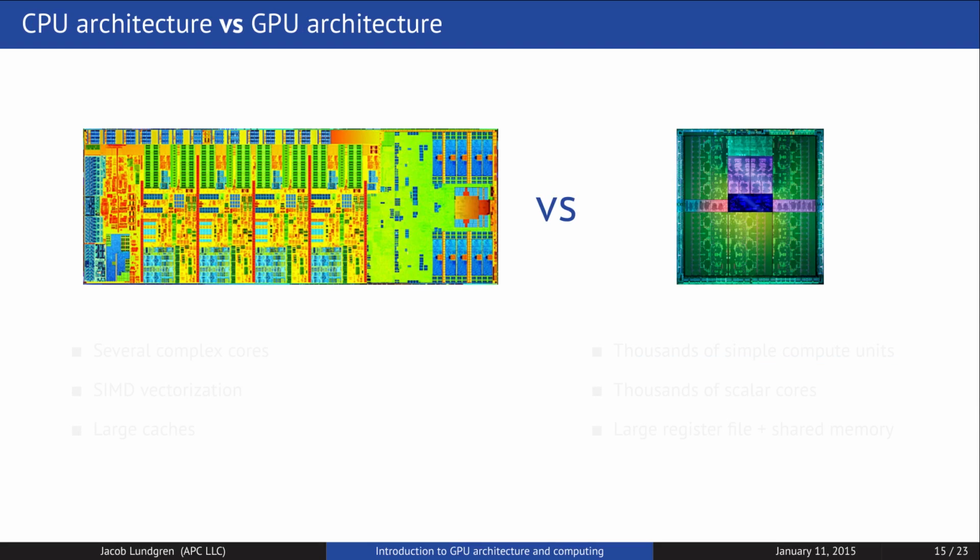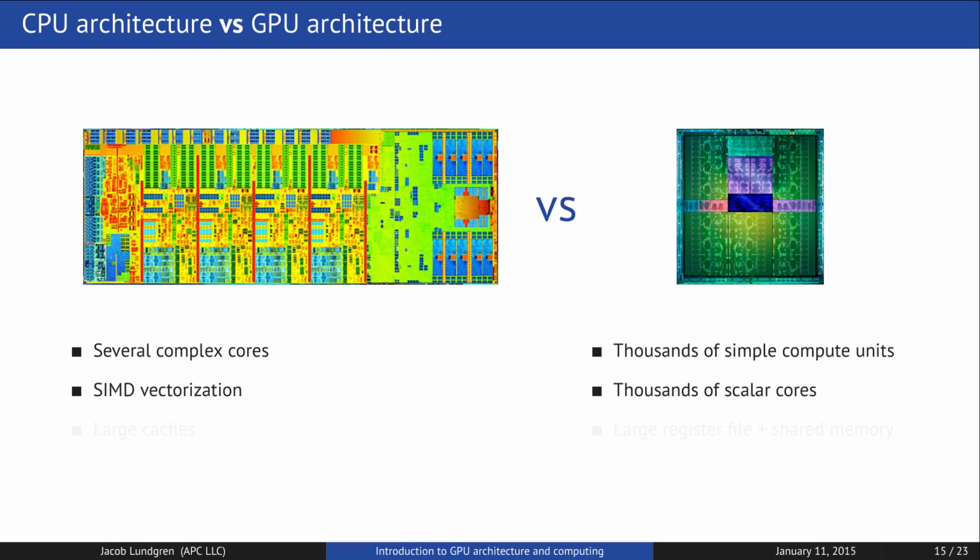So what are the differences between CPUs and GPUs that allow us to gain such a huge advantage? In the original design philosophy, we have CPUs consisting of several complex cores, while GPUs have thousands of simple compute units. This is a difference in design philosophy.